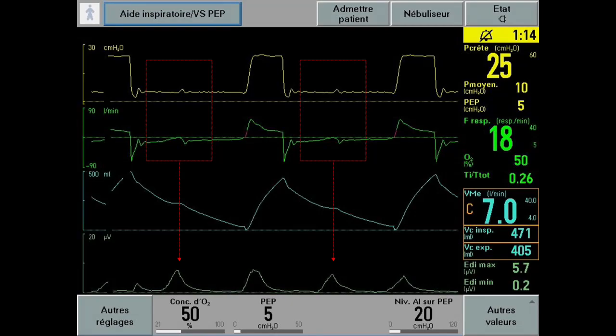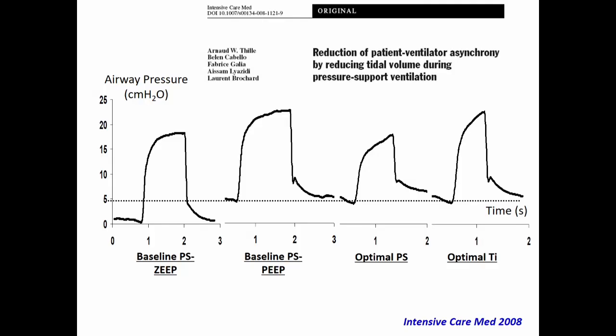The next slide is a study which shows that there are different ways to reduce this asynchrony, and the 2 simplest ways are to decrease pressure support or increase the flow criterion to switch from inspiration to expiration, what we call optimal TI.